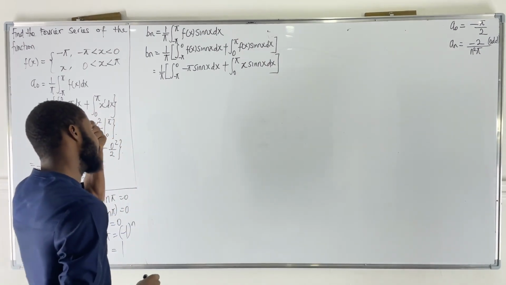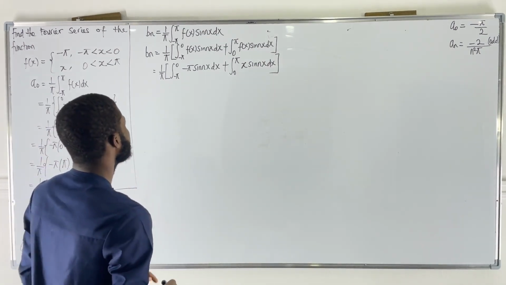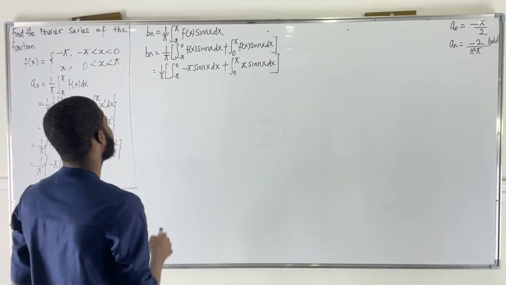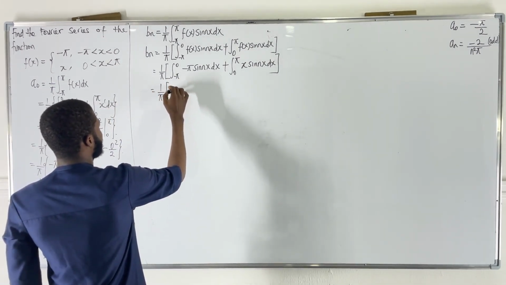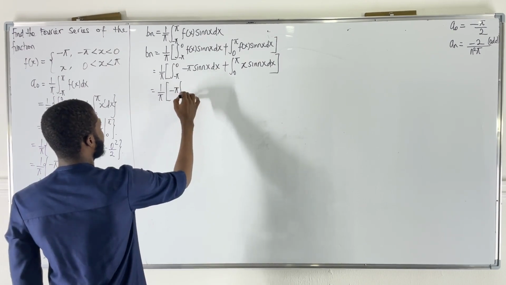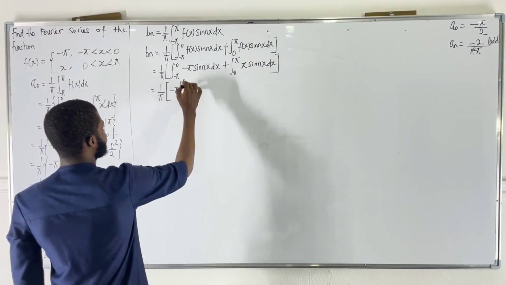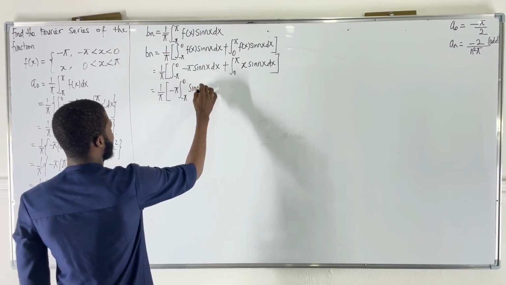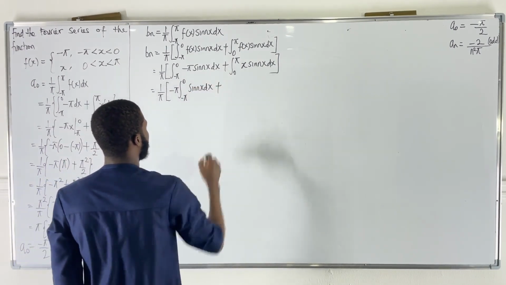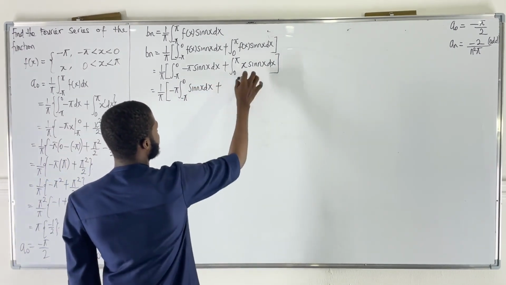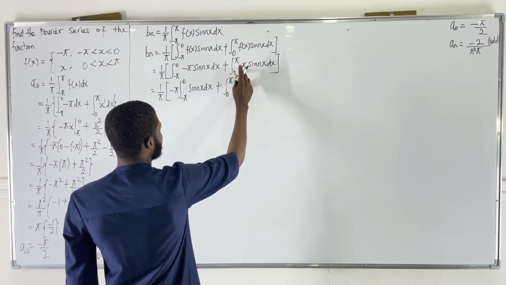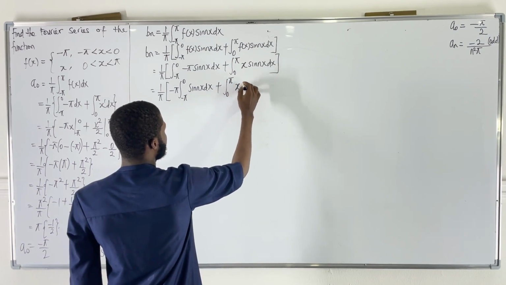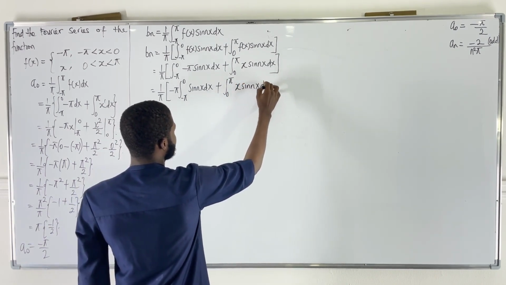What I'm going to do next is say the minus pi should come outside. So this is 1 over pi, then we'll have the minus pi outside, integral from minus pi to 0 of sine nx dx plus, for this part, I just want to leave it like this, integral from 0 to pi of x sine nx dx.